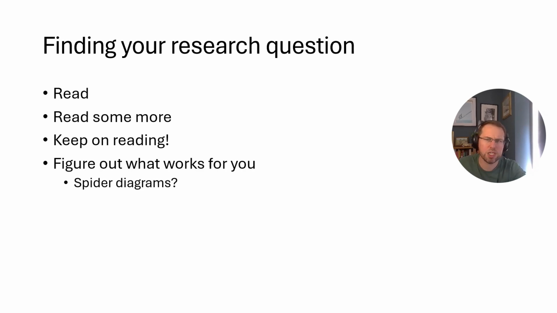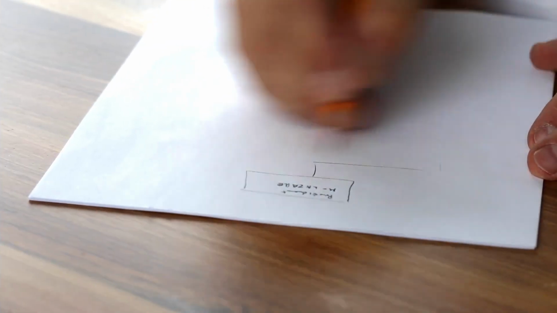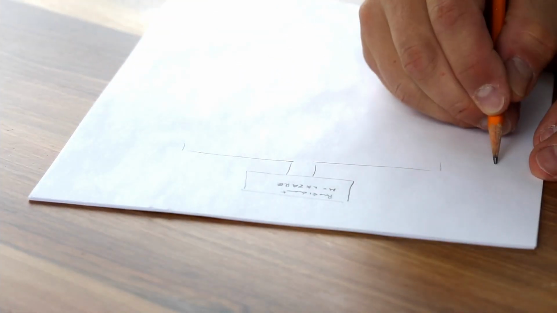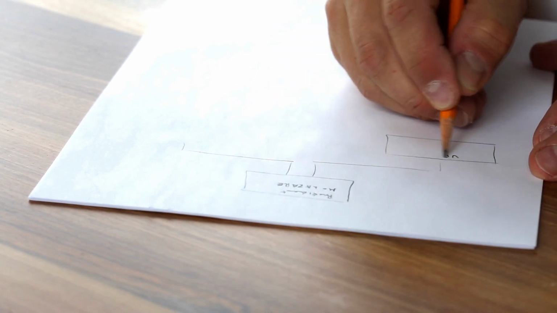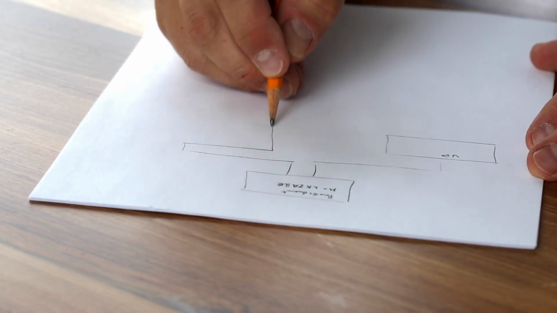Some other ways in which you can do it to help you see how concepts link up together is through things like spider diagrams. This is kind of what I use quite a lot, and not very often I'll do it by hand, because I find spider diagrams are really helpful for me to figure out how concepts link together.